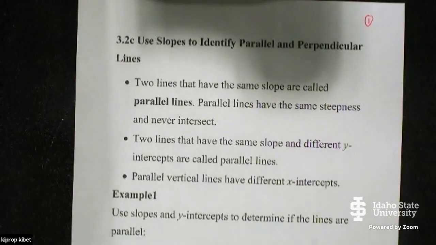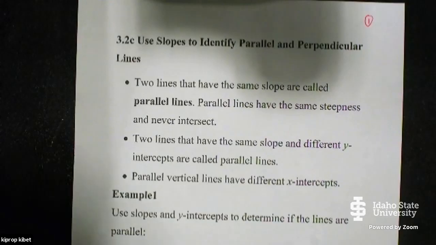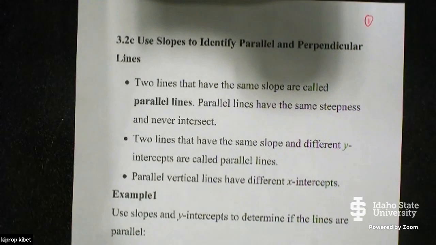Two lines that have the same slope are called parallel lines. Parallel lines have the same steepness and never intersect. Two lines that have the same slope and different y-intercepts are called parallel lines.